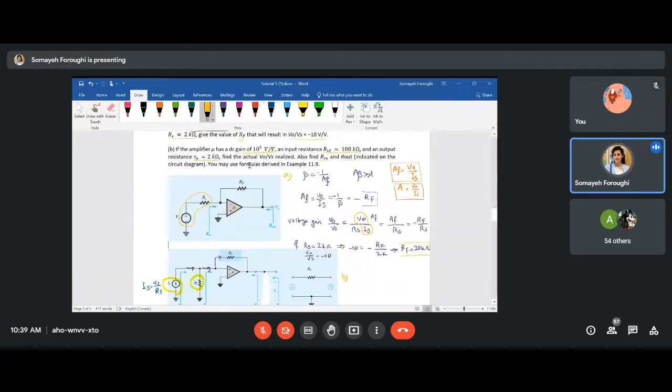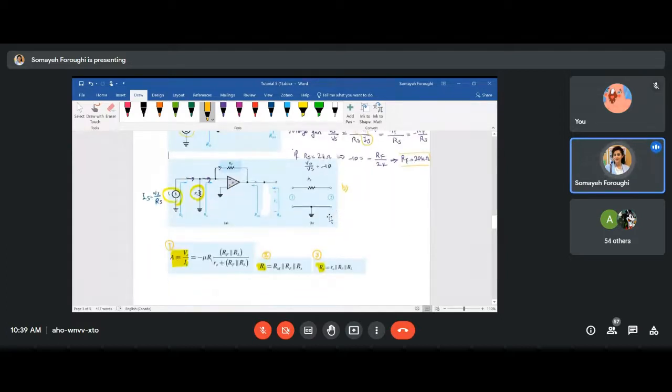It says you may use the derived equations from 11.9. And I copied these things from example 11.9, just for ease of simplifications. So what would I say here? First of all, as I find beta, I can simplify.